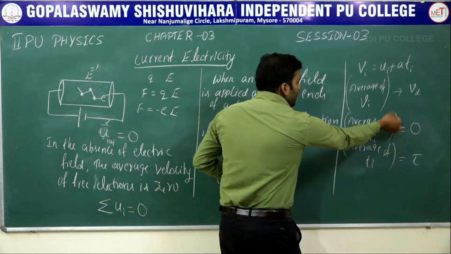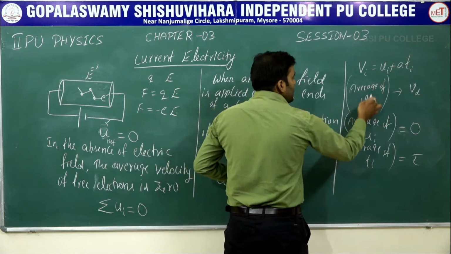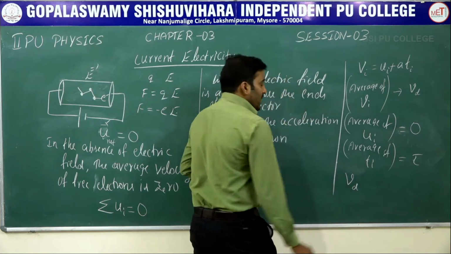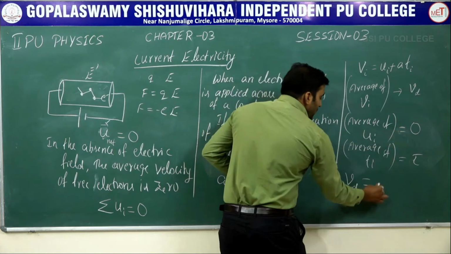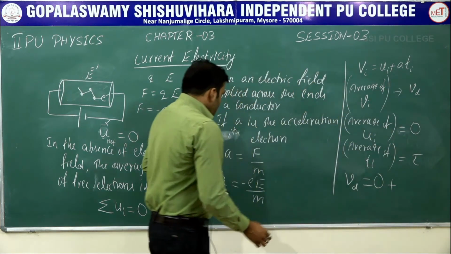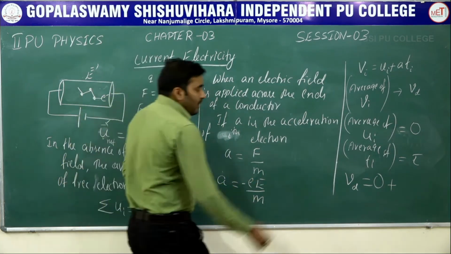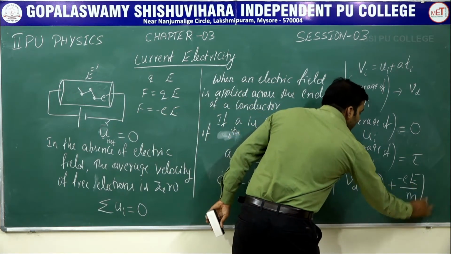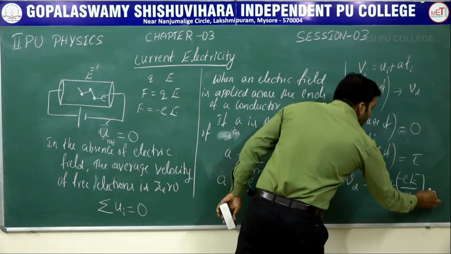Now if I substitute these things here, instead of the average of this Vi, we can write Vd, which is called the drift velocity, equal to the average of Ui, which is 0, plus A. A is already known: A is equal to minus E into E by m. So this is minus of E into E divided by m, next into the average of this Ti, which is tau.